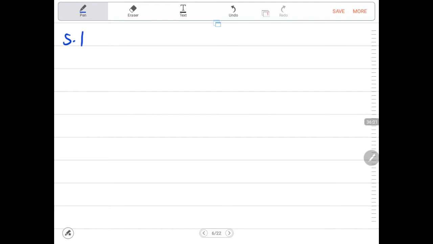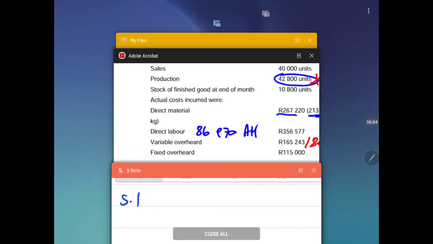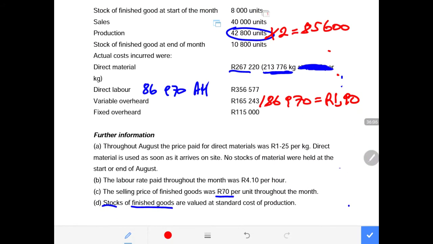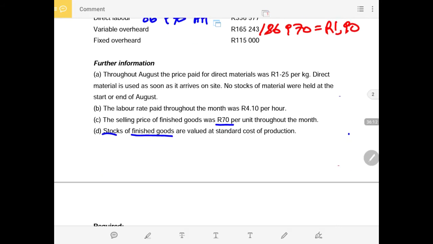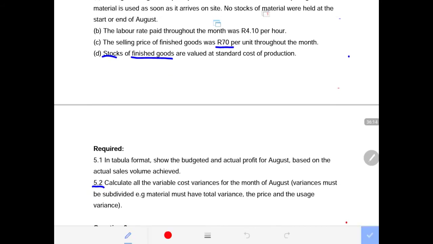And we are to do the profit statement in tabular format, budgeted and actual. We are required to do budgeted and the actual statement. Show budgeted and the actual profit.